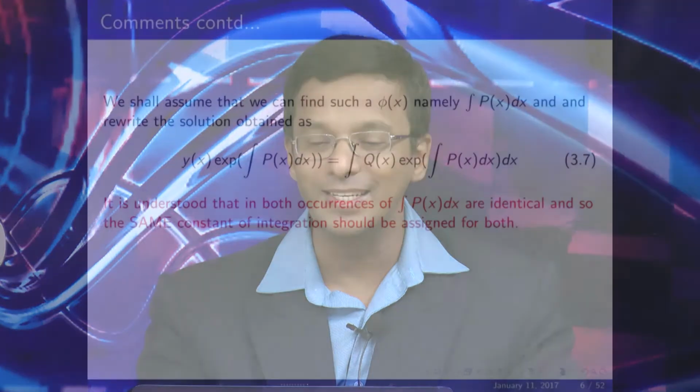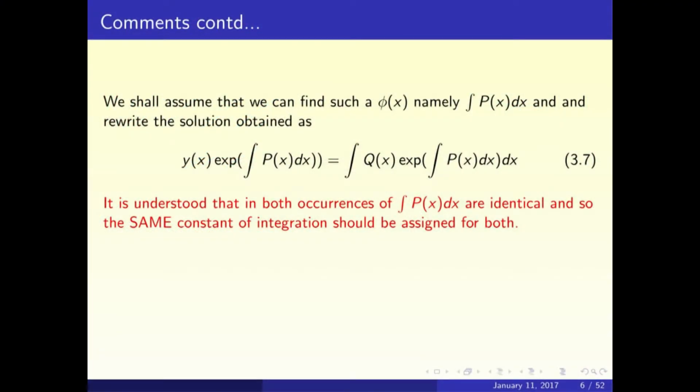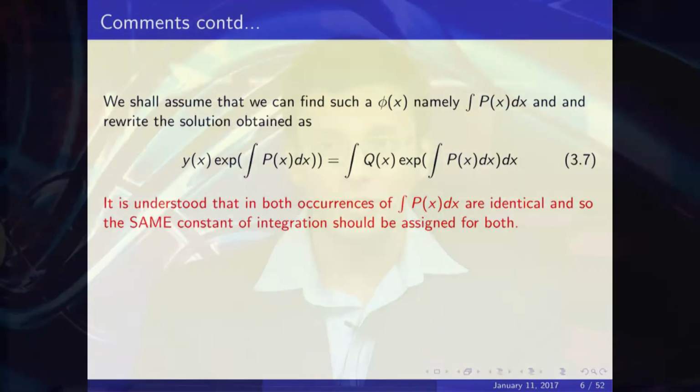So 2 of those constants of integration have disappeared and there will only be 1 constant left. The final integration that you perform with the q term thrown in, that is the only constant of integration that will survive in 3.7. Please pay attention to this matter.